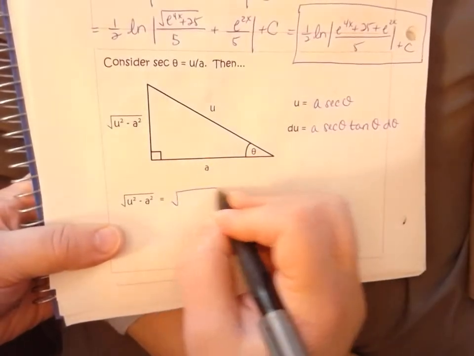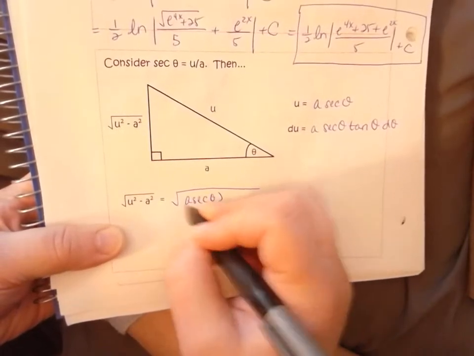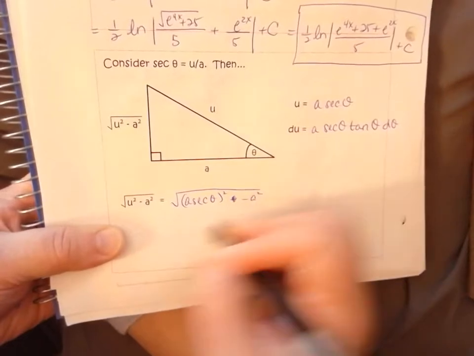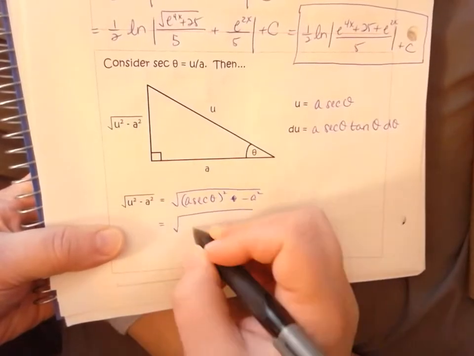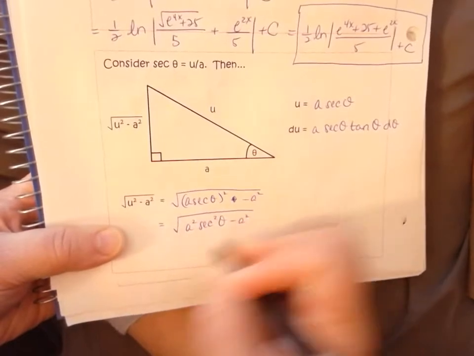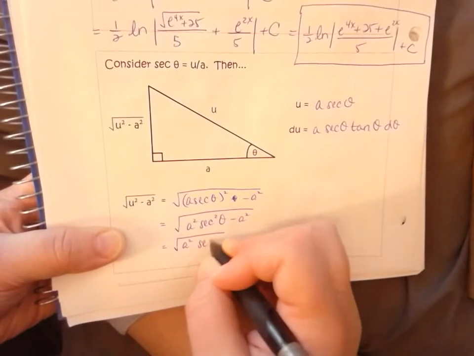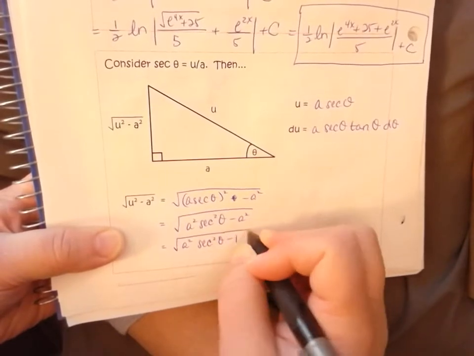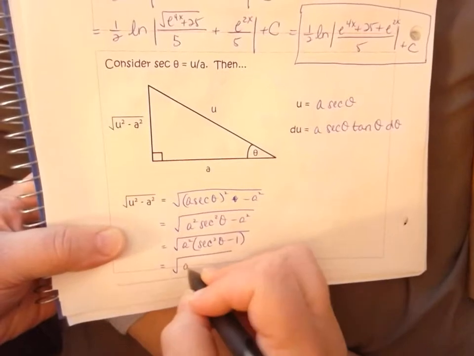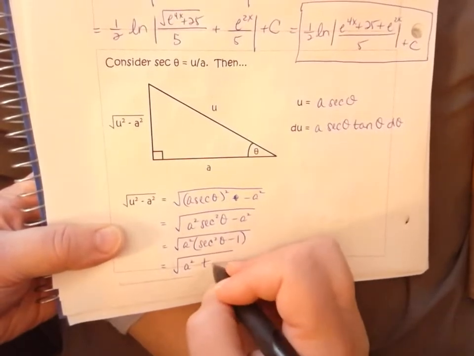And we'll do this like we did the last one. If I replace u with a secant theta, and I do a little algebraic manipulation here, secant squared theta minus 1 is another identity.